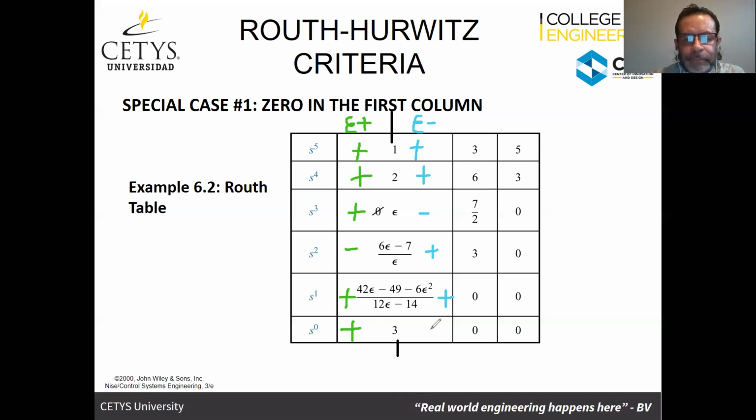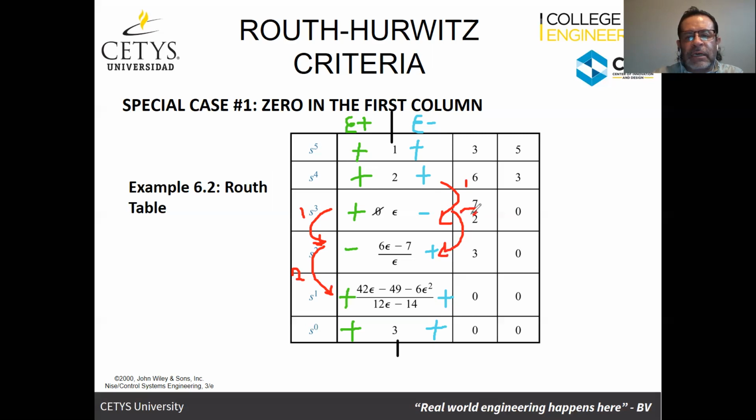And lastly, this number over here is positive. So what do we notice in both columns? Regardless of the value of epsilon, how many sign changes do we have? We've got 2, correct? I believe it was Diana. We've got 1 and 2, and 1 and 2.